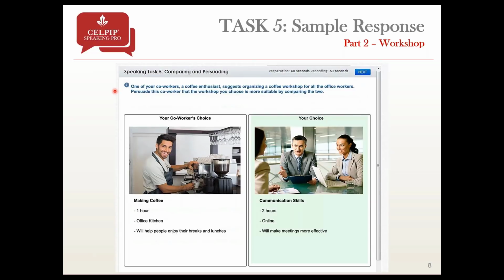Here, you're told, one of your coworkers, a coffee enthusiast, suggests organizing a coffee workshop for all the office workers. Persuade this coworker that the workshop you choose is more suitable by comparing the two. So now you know that you're going to speak to a coworker, which was explained earlier.